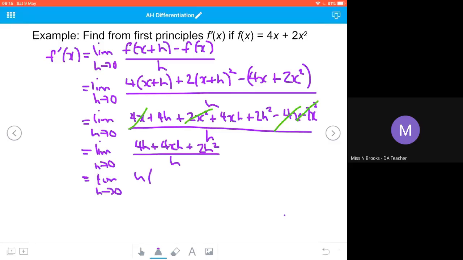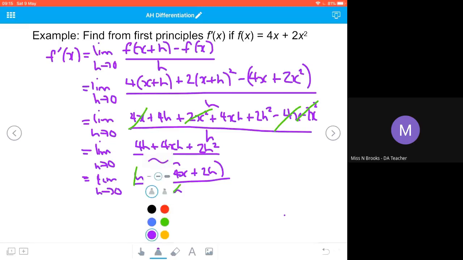So my limit gives me 4 plus 4x plus 2h all over h. My h's will now cancel. So I'm left with my limit as h tends to 0 of 4 plus 4x plus 2h.